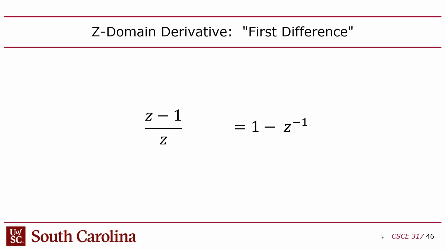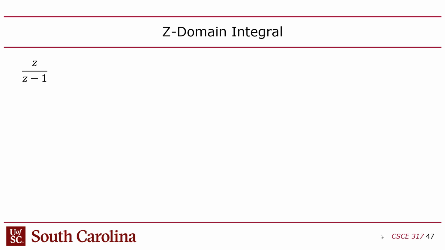And you might say, what the heck does that mean? Of course, this would be multiplied against whatever variable you want to take the derivative of, right? But the reason this actually means derivative is because if you expand this, it's actually 1 minus z to the negative first power, which means 1 is the current sample, and z to the negative 1 is the past sample. So if you take the difference between the current sample and the immediately preceding sample, well, that's the derivative, right? But it's the derivative in the discrete sense of the word.